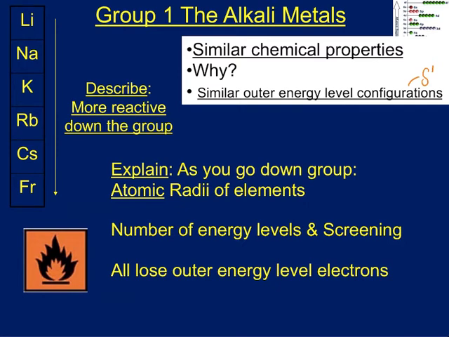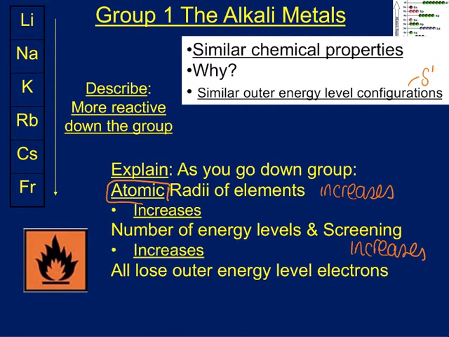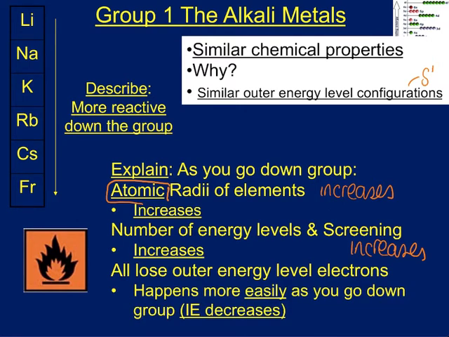So as you go down group 1, our activity, this may not be included in your notes, but the atomic radii of the elements increases. The number of energy levels and screening increases. And that will allow them to lose their outer shell electrons more easily as you go down.